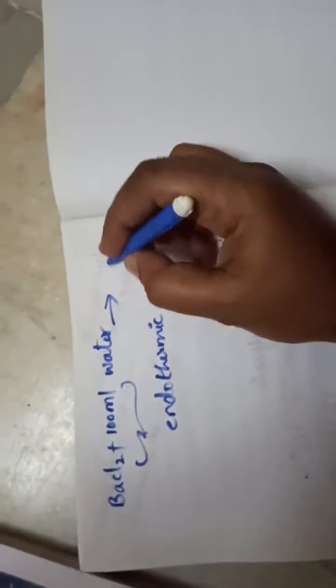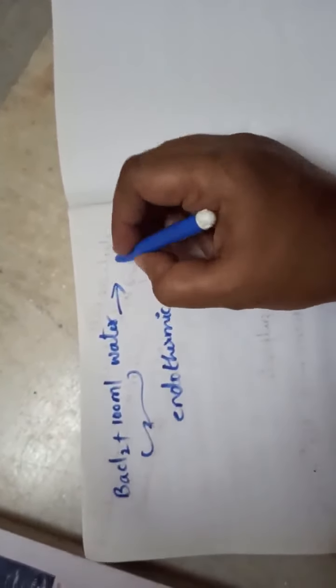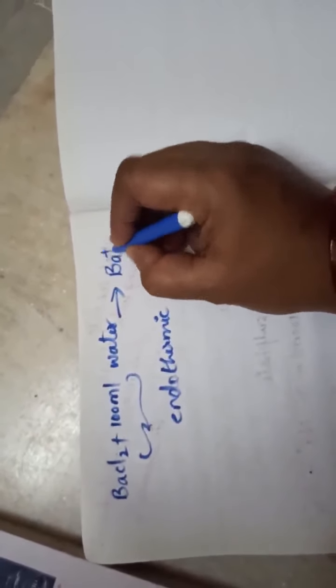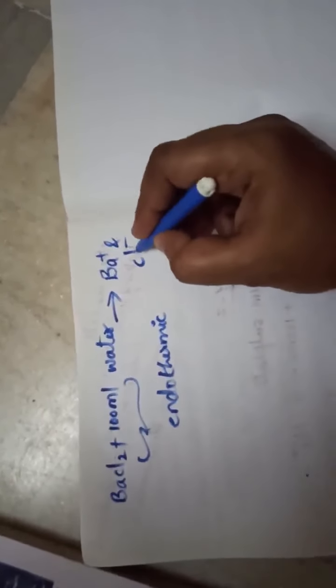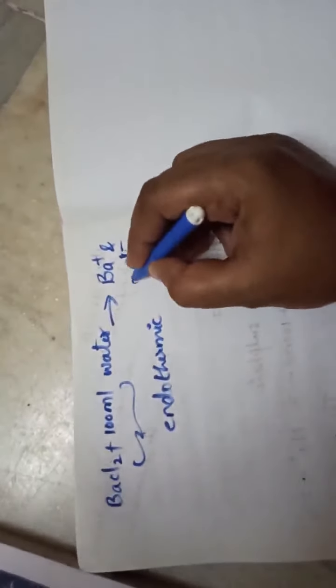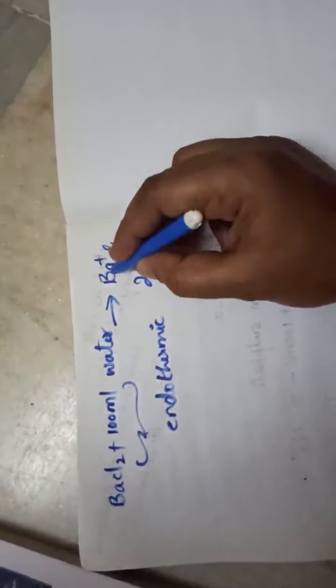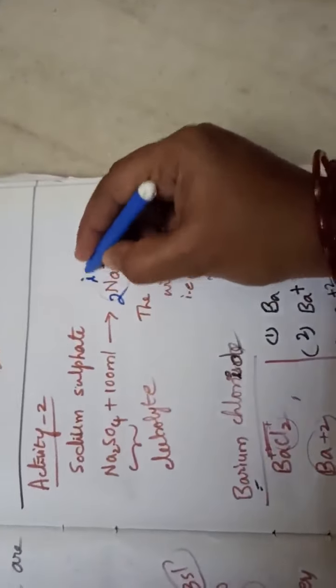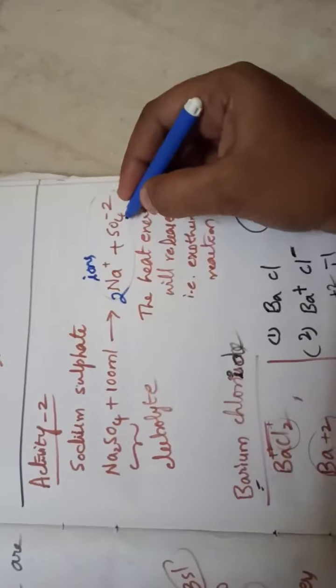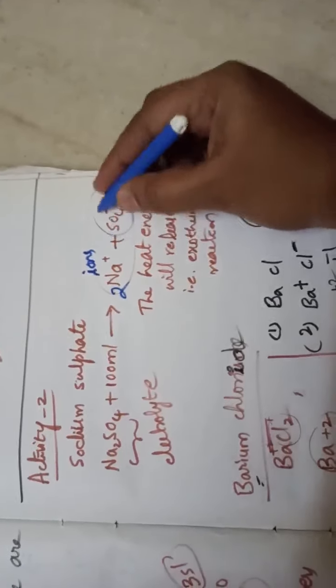And here dissociation also takes place, Ba2+ ions and Cl- ions, so 2 Cl- and Ba2+. Here coming to sodium sulfate, 2 Na+ ions and 1 SO4 2- ion, like that dissociation takes place.